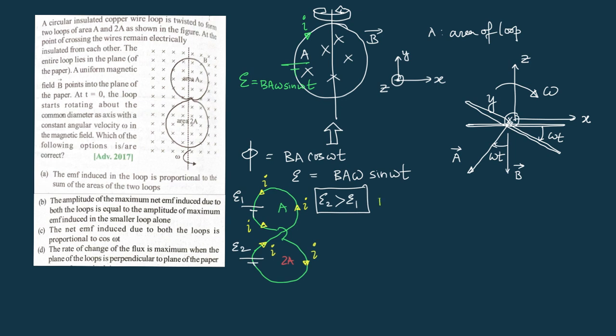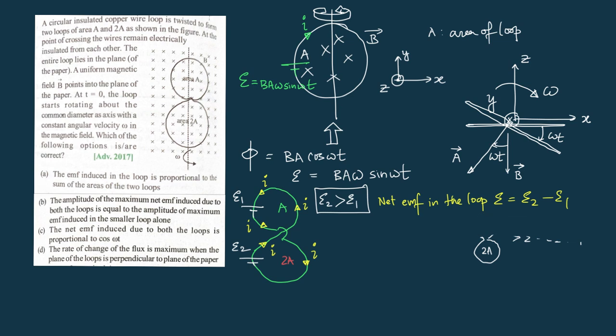So that means the net EMF in the loop, E, is equal to E2 minus E1. If it had been simply like this, A and 2A, then in this case E should have been E2 plus E1 because the sense would be the same. But that's not the case here.